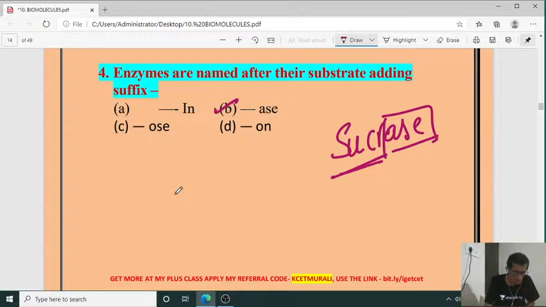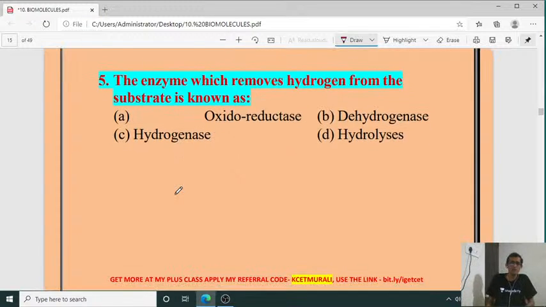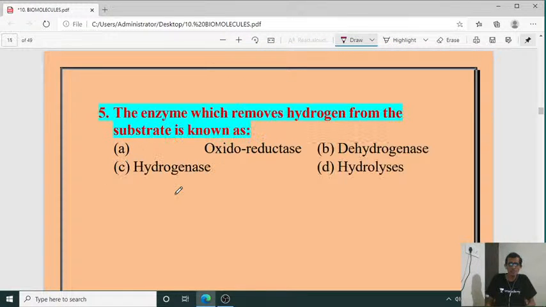Yes, for this fourth question, B is the right answer. Next, fifth one. The enzyme which removes hydrogen from the substrate is known as what? Removing of hydrogen part from the substrate, it is called what?